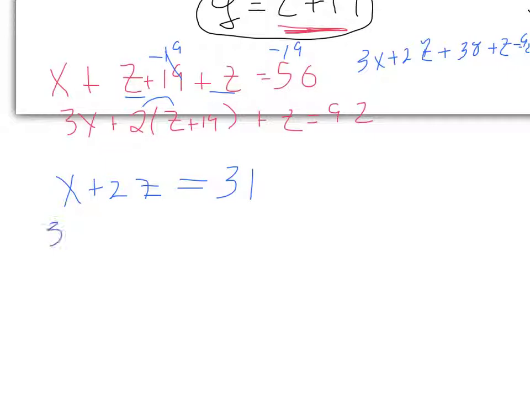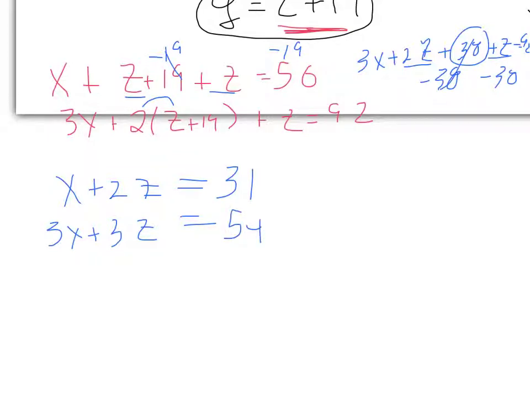We have 3x, 2z and z is plus 3z, and then here we have plus 38. So I want to get rid of the 38. Let's subtract 38 from that, which means we have to subtract 38 from our 92. Taking 38 away from 92 is going to give us 54.